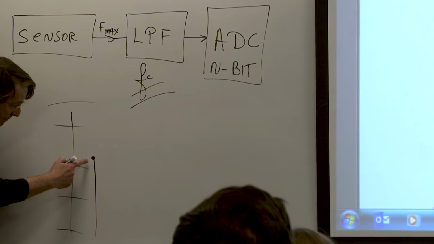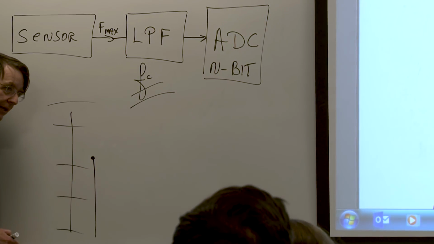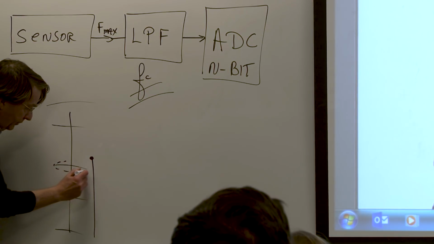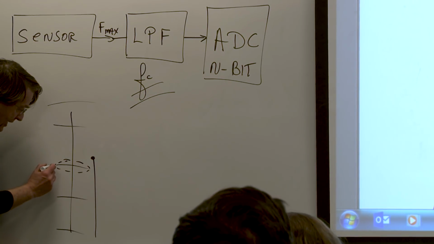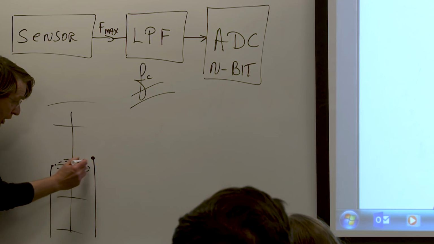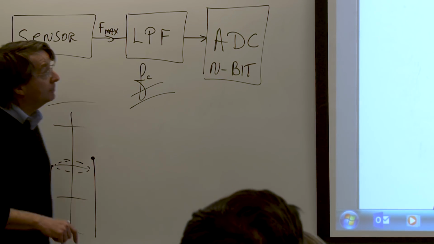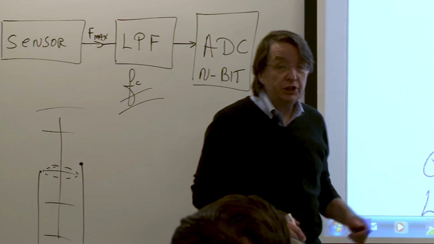Ryan, help me out. A sample is here. Which level do I pick? Exactly, the closest level. So I pick it and say, this is the height of the sample. The difference is the error.